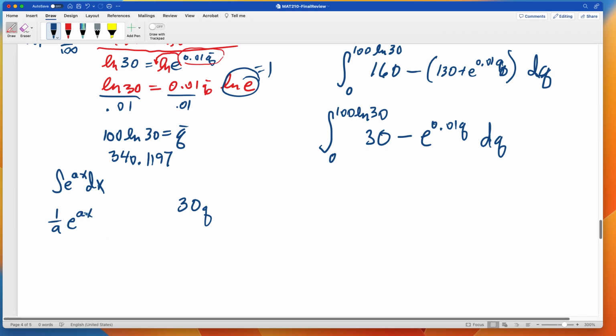The reason is when we take the derivative, the a will come down, a divided by a is 1, and we get back to what we started with. So then it's minus 1 over 0.01, which is 100, e to the 0.01q. So that's this integrated, and we're going to evaluate this from 0 to 100 natural log of 30.